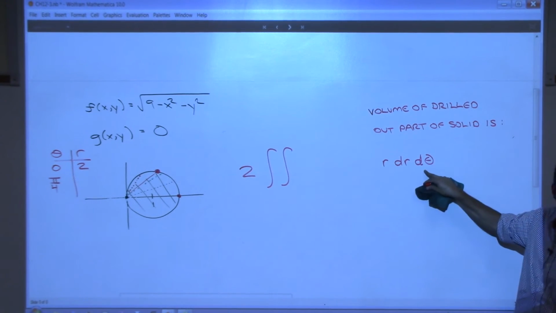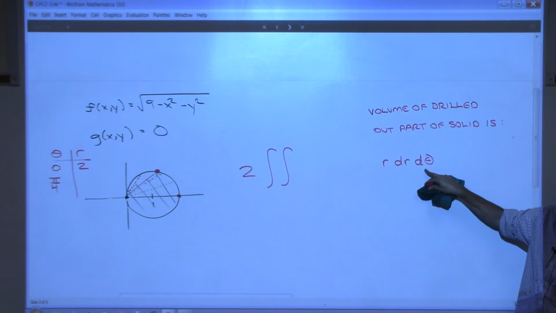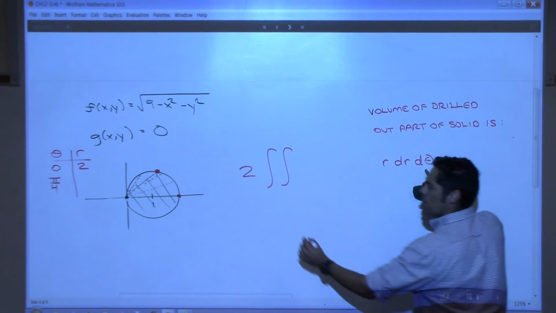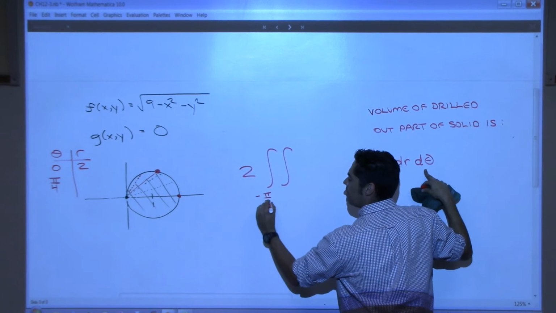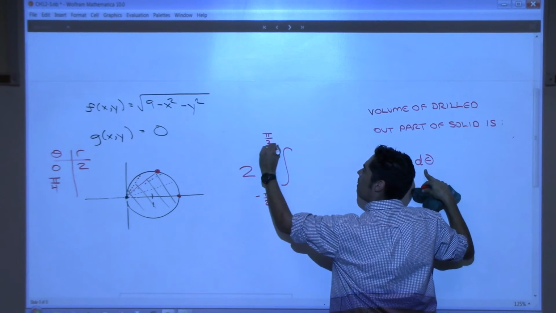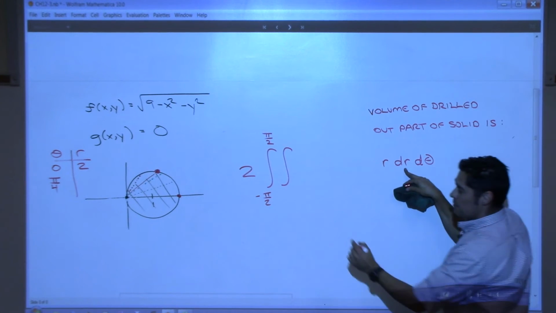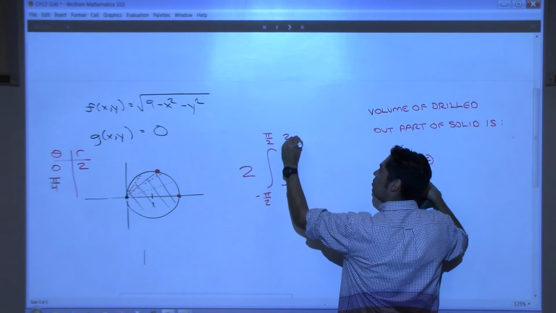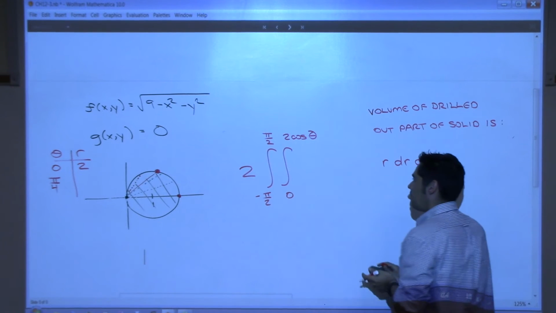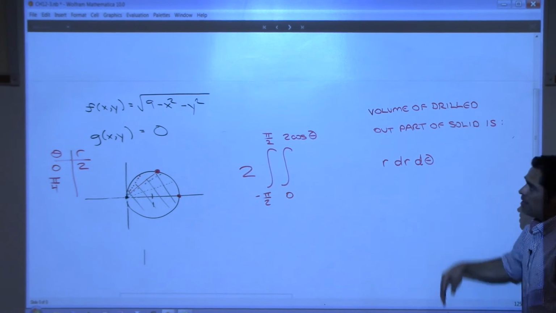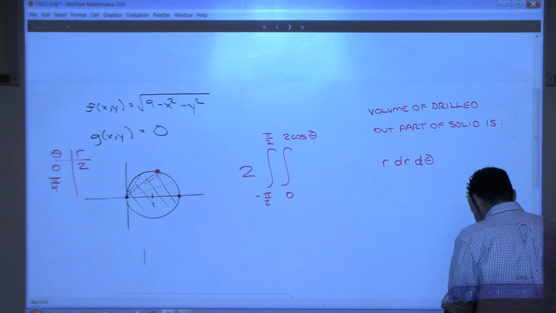That has to be this order because theta is between 2 constants. They were negative pi over 2 and pi over 2. My radius was stuck between 0 and 2 cosine theta. And then it was just the f function minus the g function.